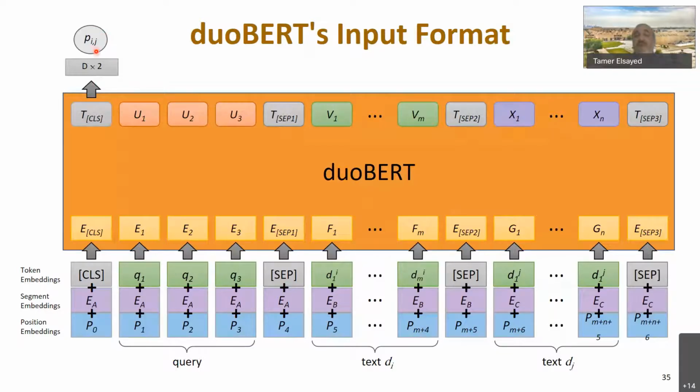It will be the probability that the first one is more relevant than the second one. So that's the input format for duoBERT. It will take a query and two documents or passages. Still, everything has to be within the 512 tokens.